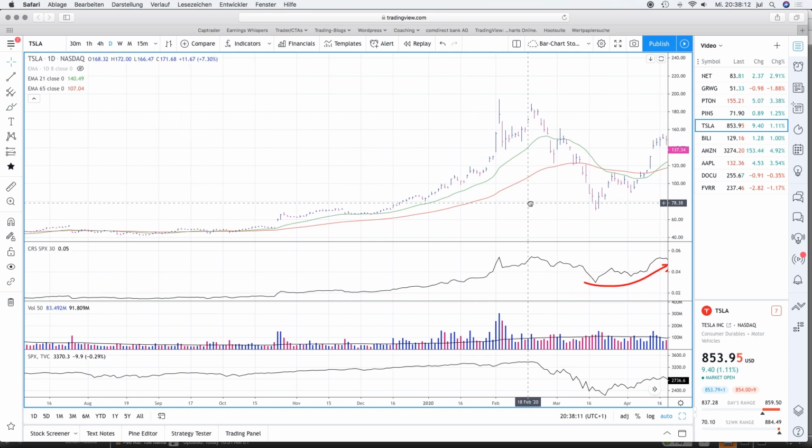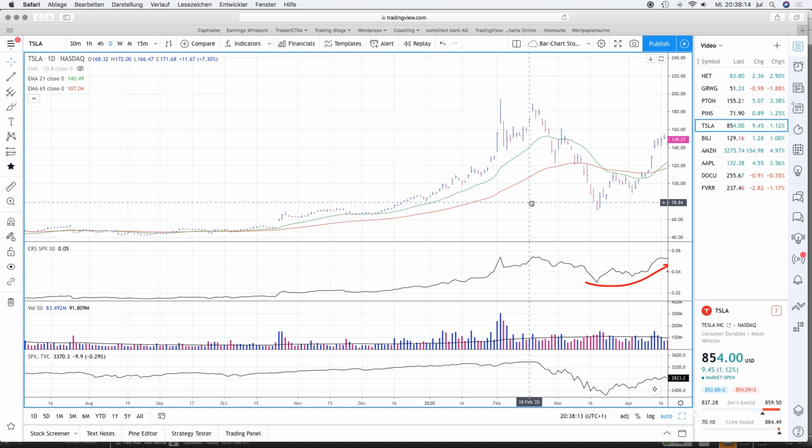And this is due to the strong outperformance of Tesla. So we saw very strong moves here, 14%, then 10% on the next day. And of course, this is a very, very strong outperformance against the S&P 500, because the S&P 500 only moves just a few percent.